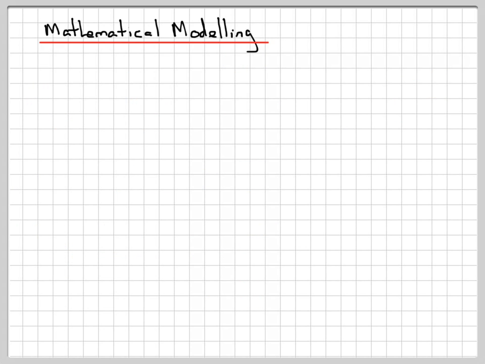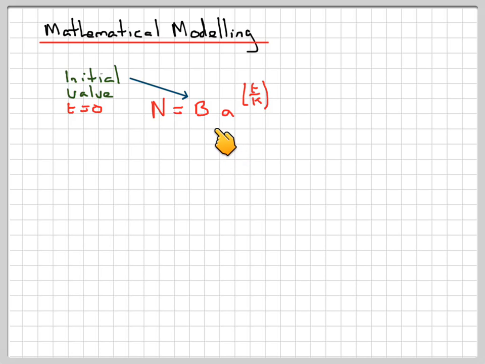And what we do use this for is mathematical modelling. The general form of the model is N is equal to b a to the t over k. Now each of these things means something. The initial value when t is equal to 0 will be b, because a to the 0 will give you 1, and we'll just end up with N equal to b.